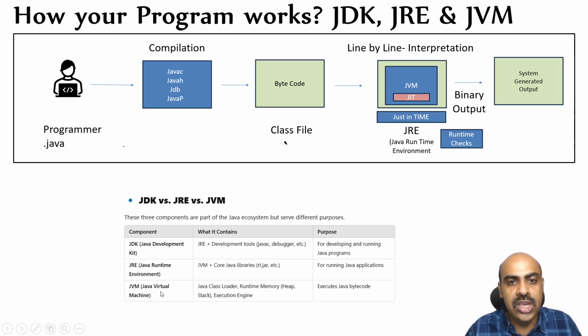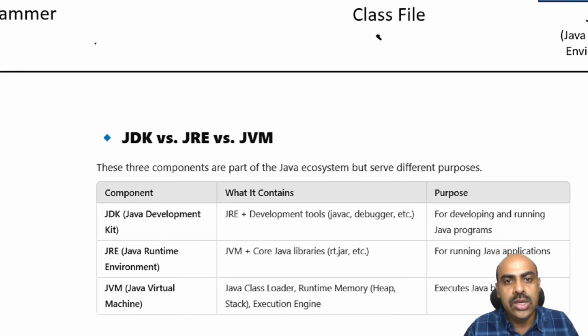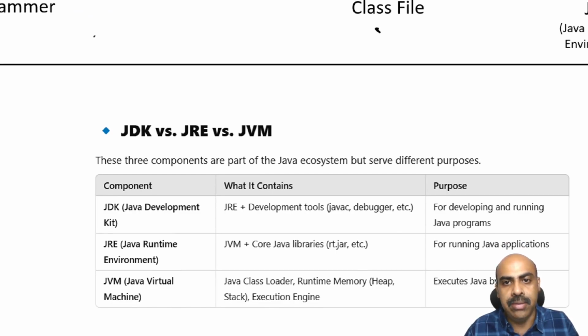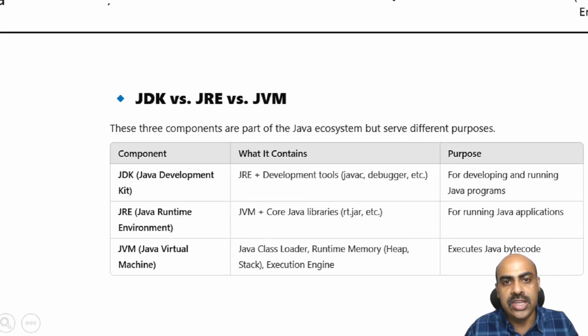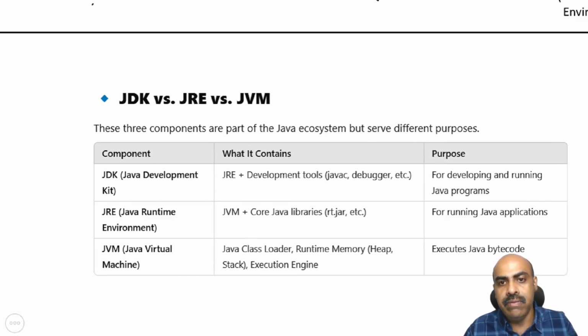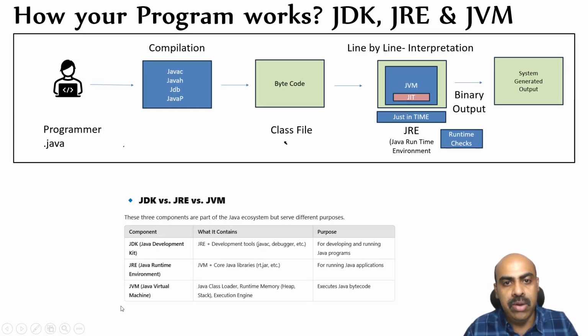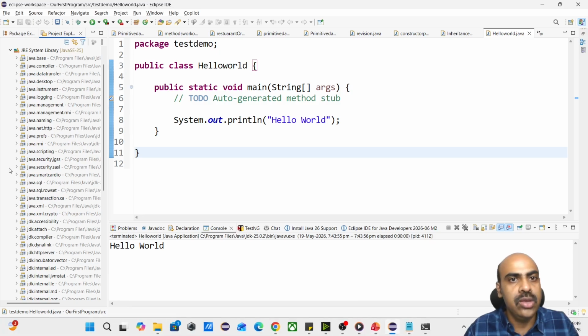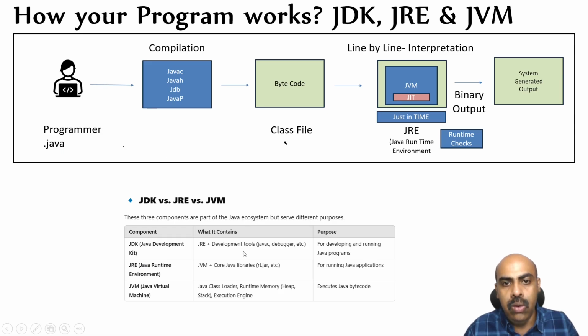You installed the JDK from the Oracle site, and that JDK has the JRE. The JRE comprises the JVM plus the core Java libraries, which you can see here. These are the key libraries needed for executing your application.